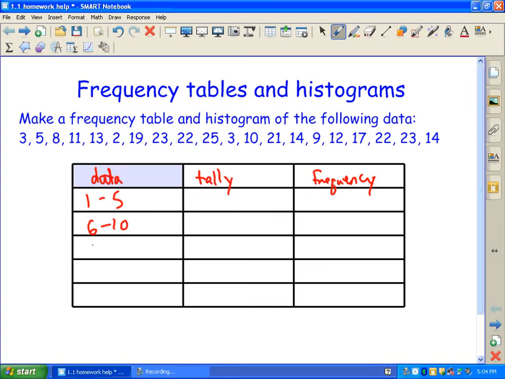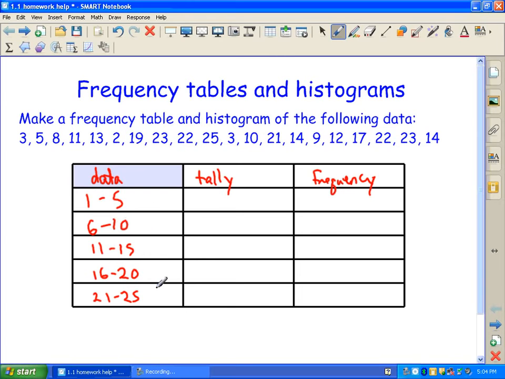After that would have to be 11 through 15, and then 16 through 20, and then 21 through 25. So there are 5 numbers in each one of these intervals. I can't go 1 through 5 and then 6 through 12 and then 13 through 15. Those are all different. They have to be the exact same size every time.